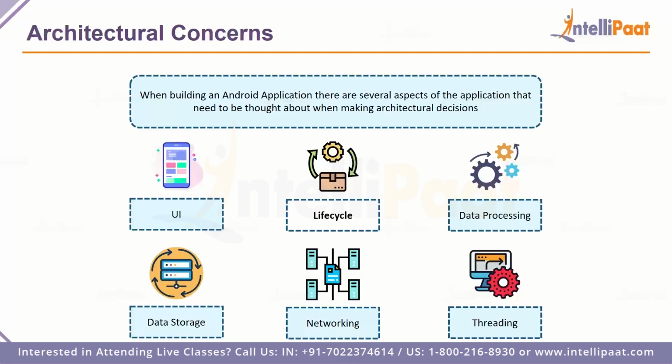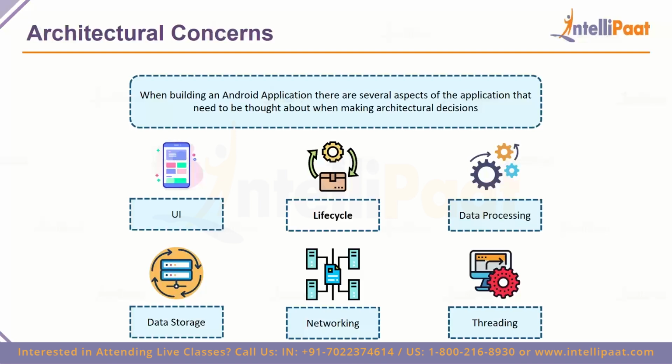Let's say that you are building an application that is downloading a huge image, let's say 100 megabytes. And while you're downloading that image, you are also processing that image and compressing it. Maybe you're converting it from one format to another. This takes a lot of time and a lot of memory.